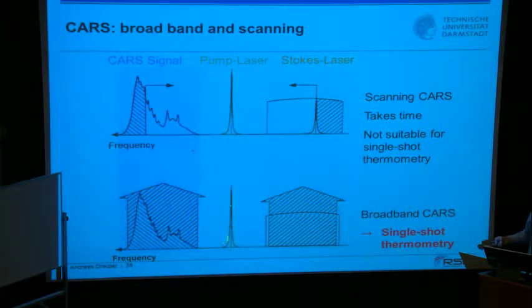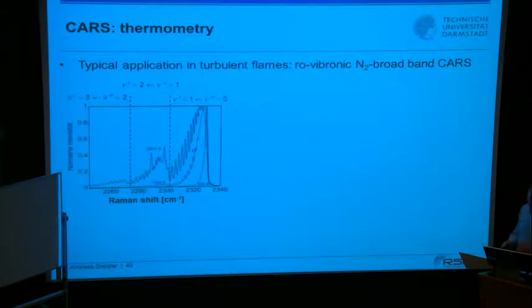A single shot of pump photons, and here the broadband Stokes, and then you have in your CARS signal, as I said, the complete spectrum, which needs, of course, then a spectral dispersion, and that needs a high resolution. Now we are talking about the spectrometer, which is maybe a meter long, with a grating of 2,400 lines per millimeter with a high dispersion. And then you can calculate that spectrum. For nitrogen, we fully understand the spectroscopy.